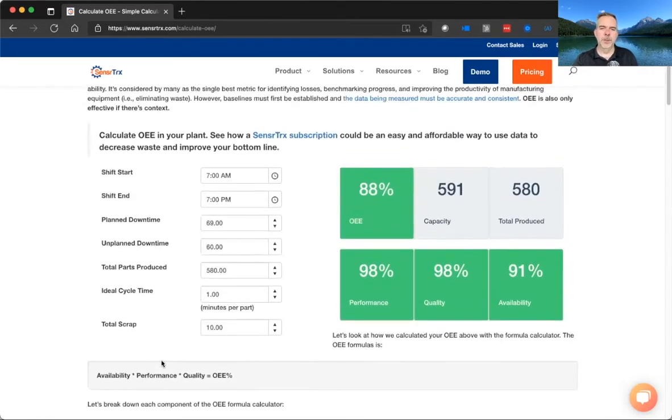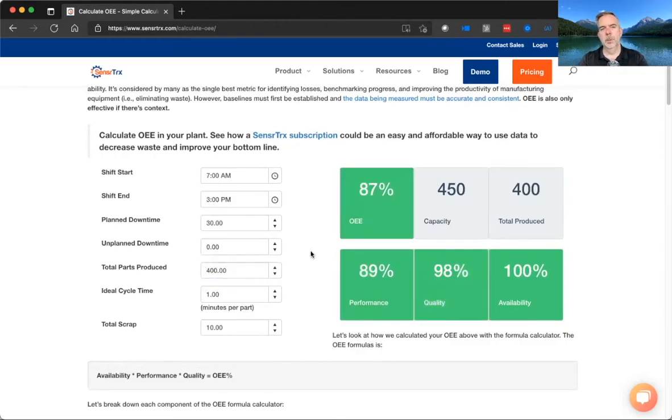So let's play around with this a little bit and see how we can come up with the exact same OEE numbers based on different inputs. So I'm going to reset this back to where it was. So 7 to 3, we're going to have 30 minutes of planned, no unplanned, 400 parts, and everything else will be the same.